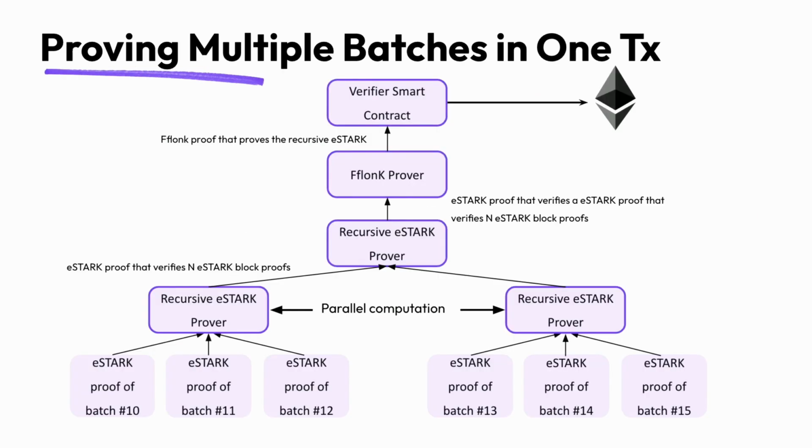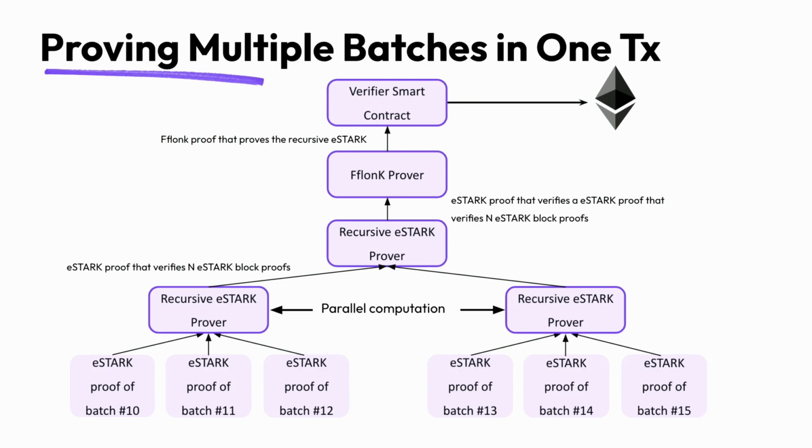To be slightly more precise, we do not send one proof per batch, one proof per group of transactions. We do something slightly harder. As you can see in this very funny diagram, on the bottom layer we have some amount of batches.